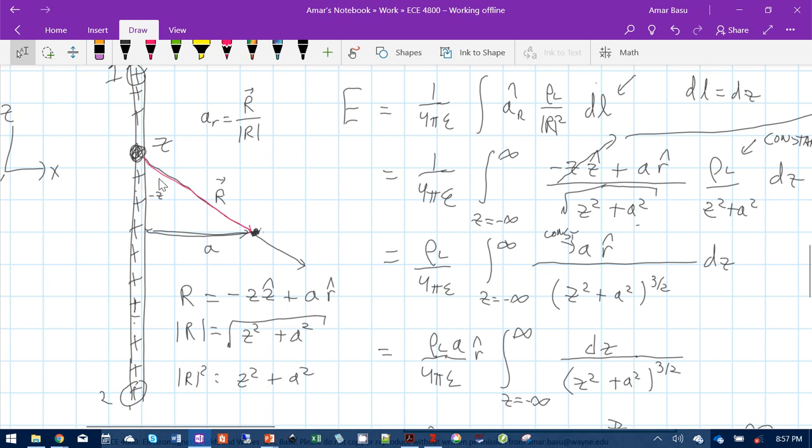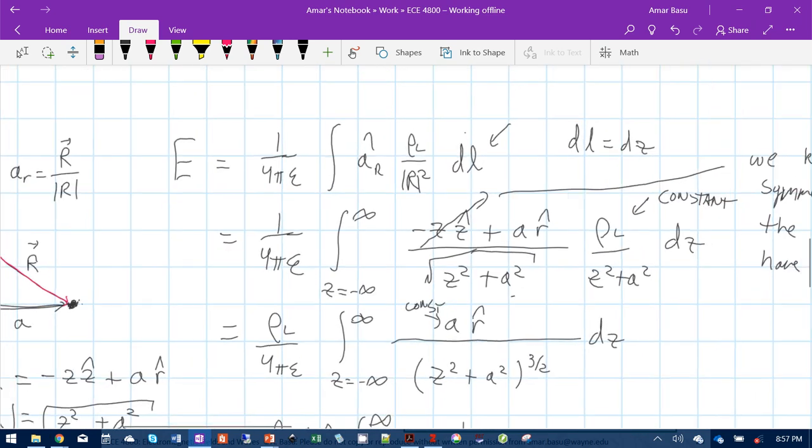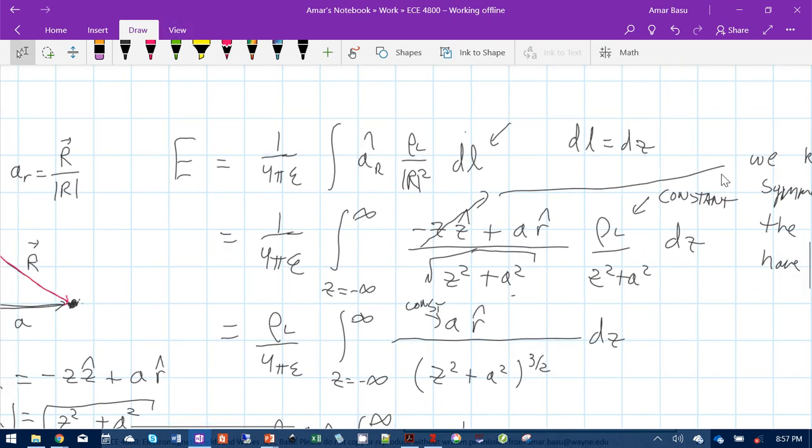Every charge that's on some point on the z-axis, there's some point on the negative z-axis that has opposite z components, so that will cancel out. So as a result, the total electric field points in this direction. All right, so we went through and figured out the different parts of the equation. dl is equal to dz because we're integrating along the z-axis. This rho L is a constant.